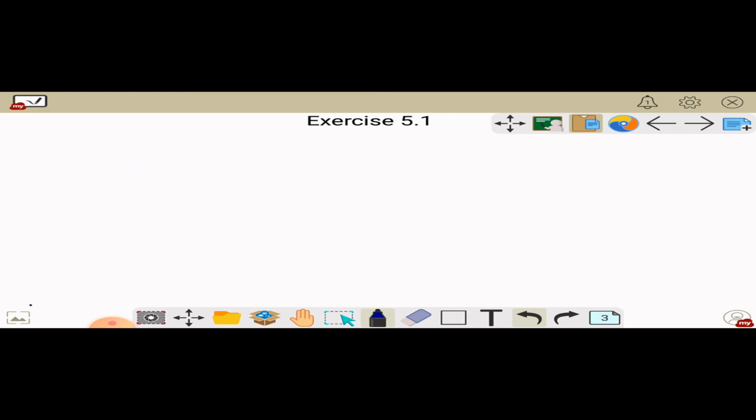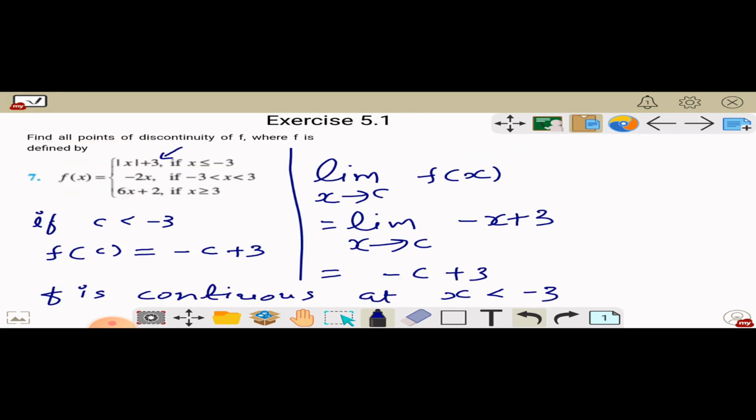Now let us find the right limit. So limit x tends to minus 3 plus f of x is equal to limit x tends to minus 3 plus, now what is the function when x is greater than minus 3?